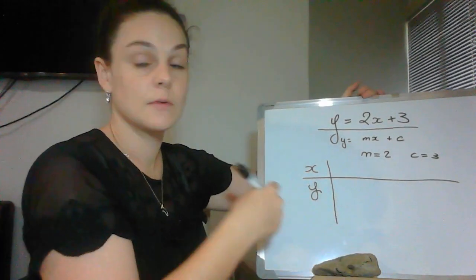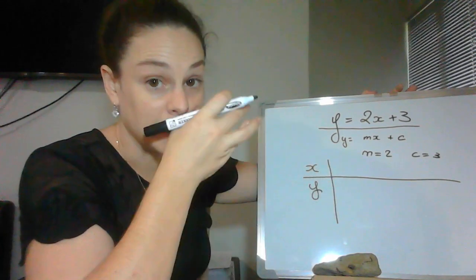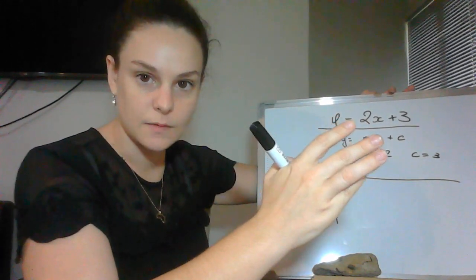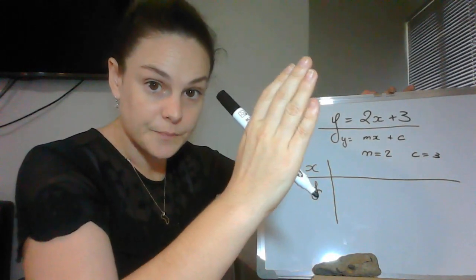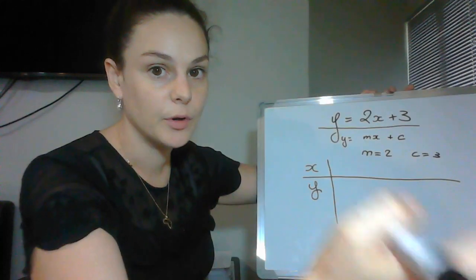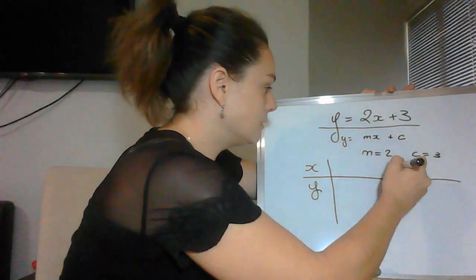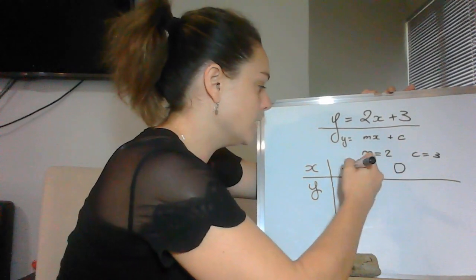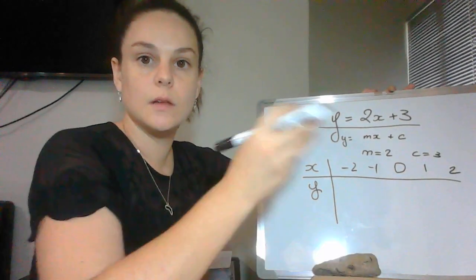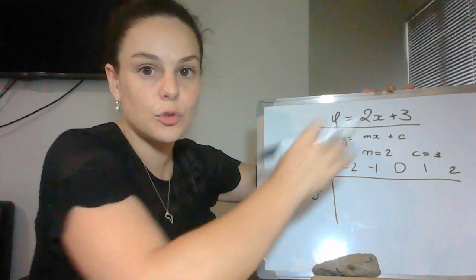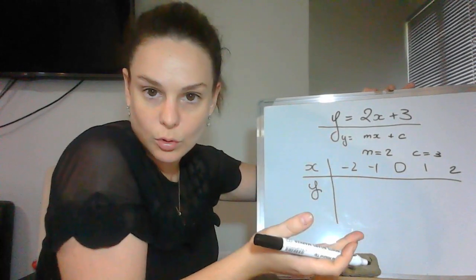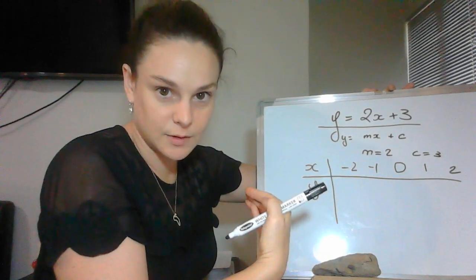The numbers that I usually take, because it usually represents nicely the middle of your graph, are 0, 2 values below 0 and 2 values above 0. So you take 0, -1 and -2 to the left, and 1 and 2 to the right. You have to think before you choose your x's, but if you don't know, you choose those 5.